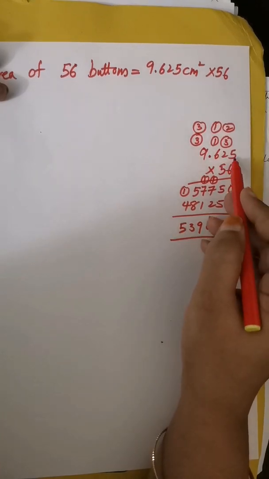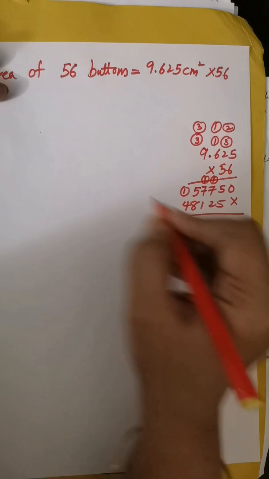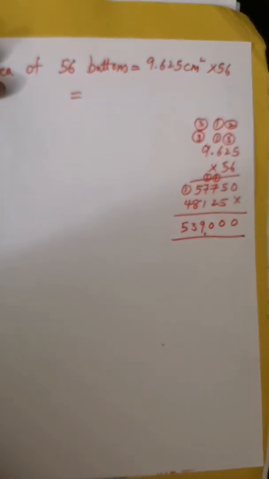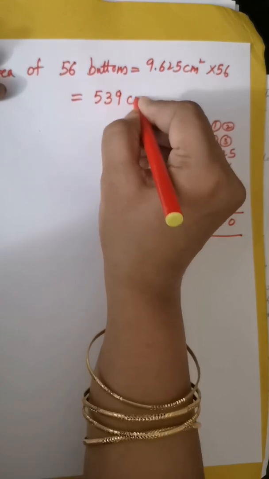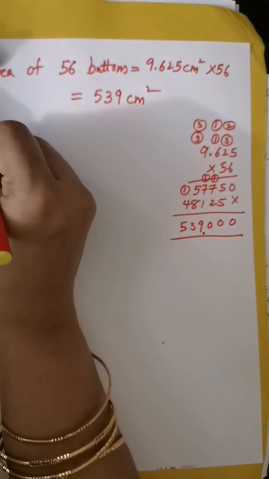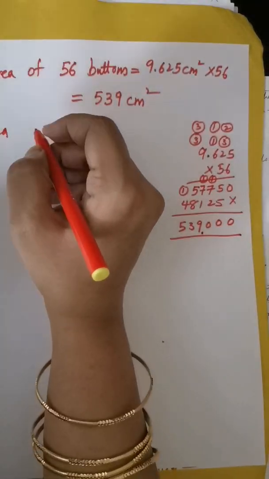So how many numbers after the dot? 1, 2, 3 numbers after the dot. So area of 56 buttons is 539 centimeter square.